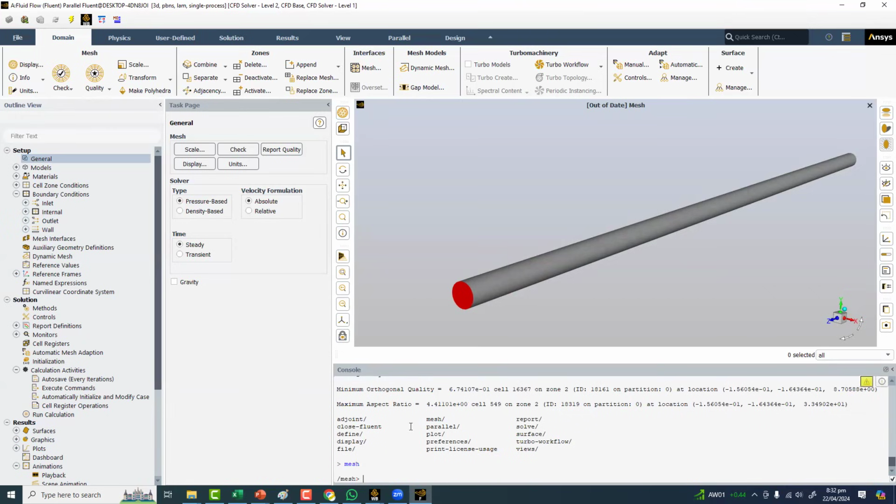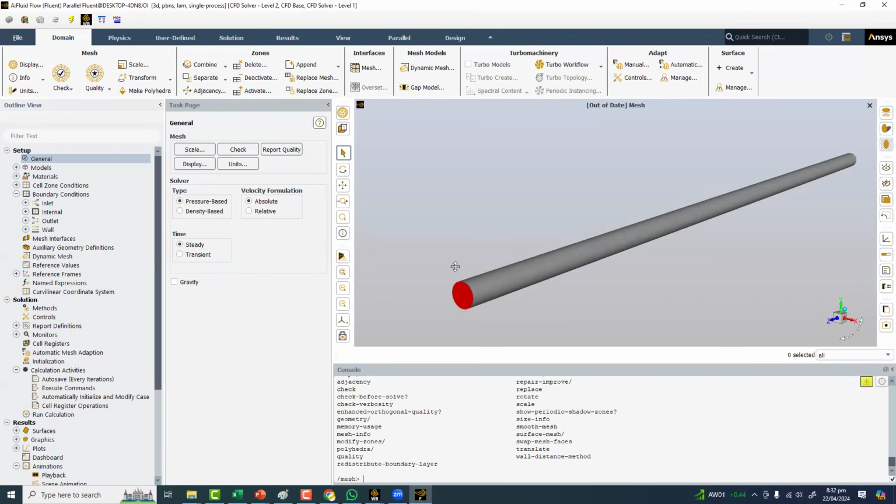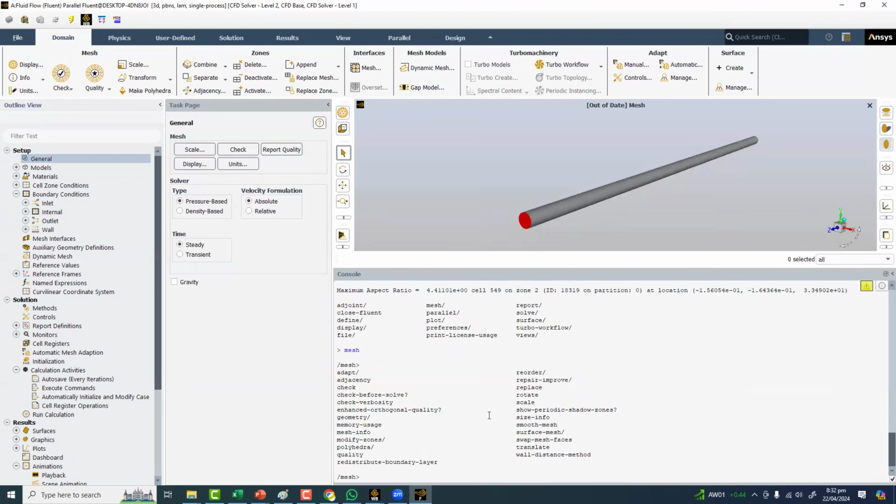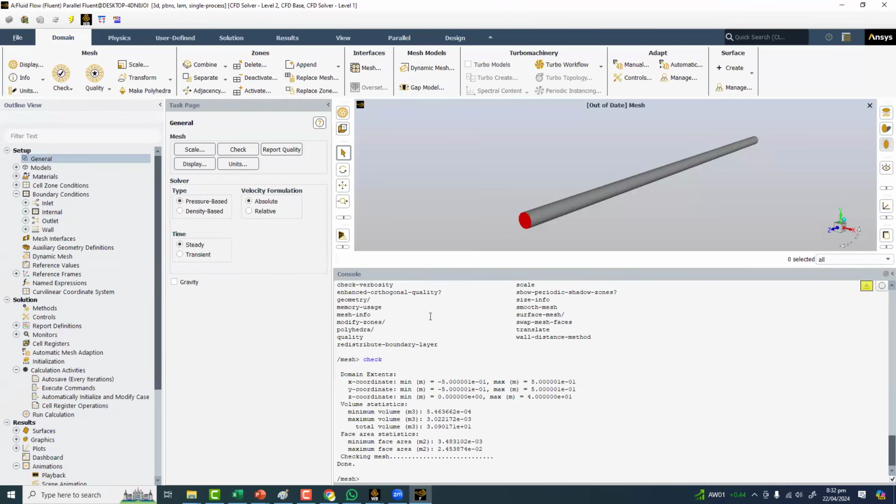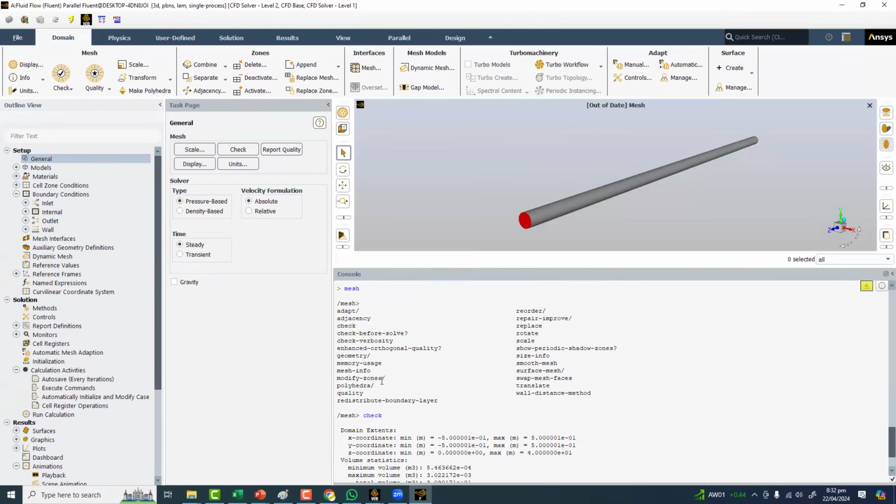Okay, then we have the mesh verbosity that you can display here. So for example, if you type mesh here, there are many options. So if you click on mesh, okay, and then we have the option like check. So one is check, second is quality.